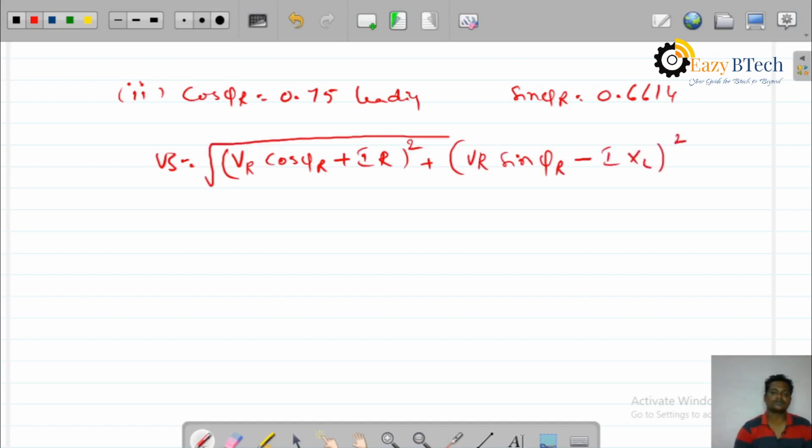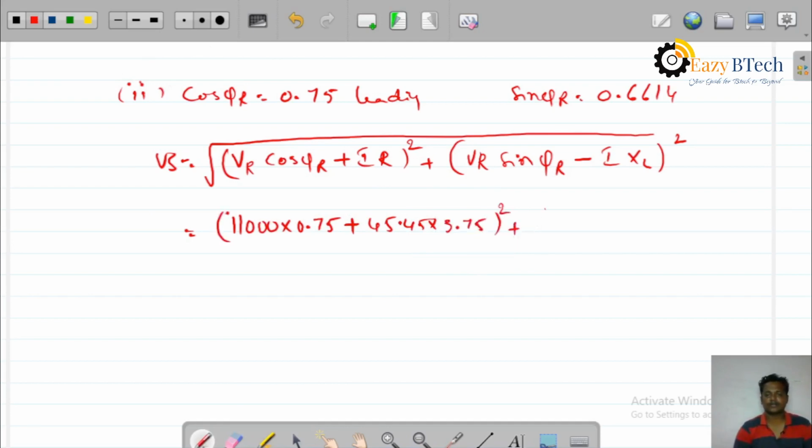Substitute all the values: 11,000 into 0.75 plus 45.45 into, it is not 0, it is 3.75, whole square, plus 11,000 into 0.6614 minus 45.45 into 9, whole square.